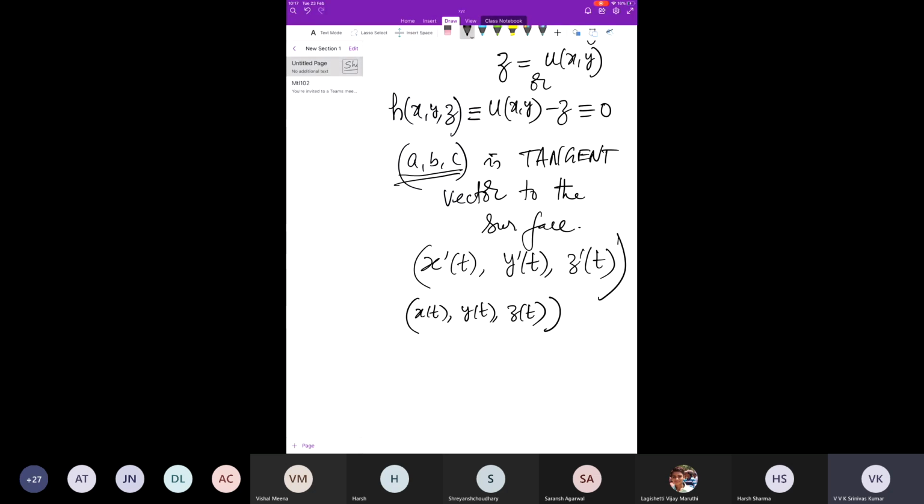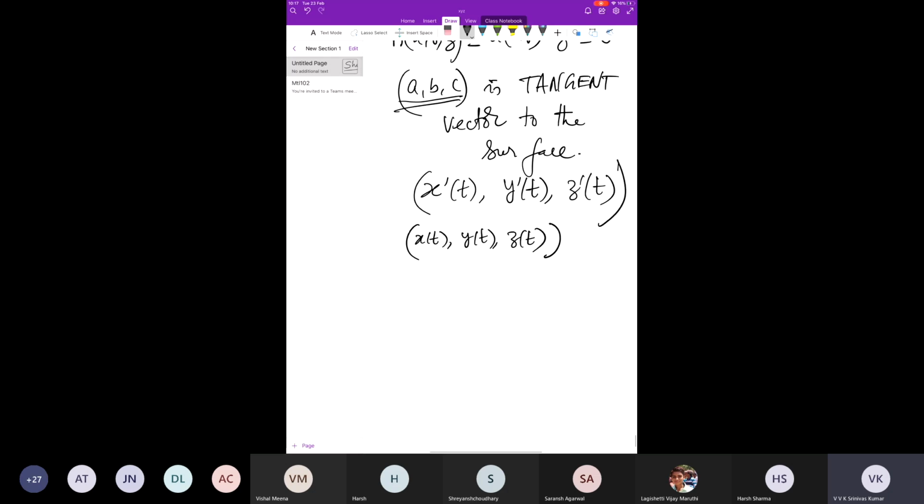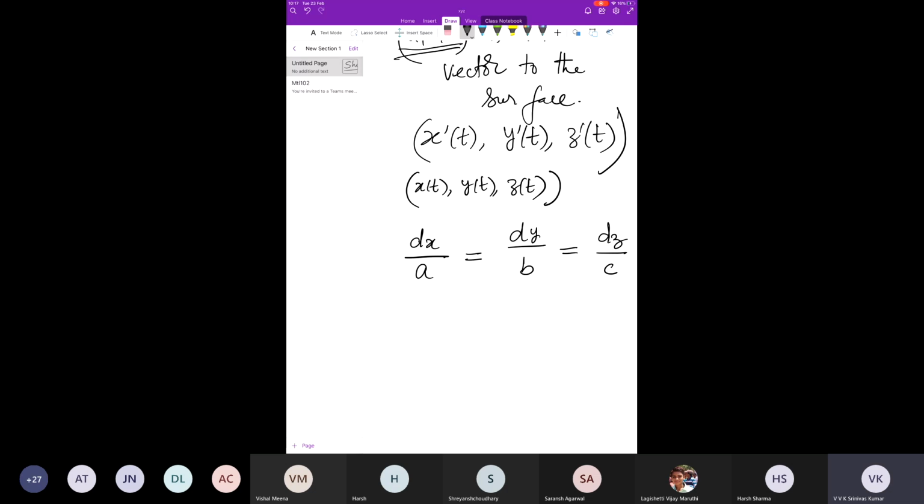So these are proportional. Yes, what you are saying is correct. We can also write this as dx/a equal to dy/b equal to dz/c. These are called cross ratios.